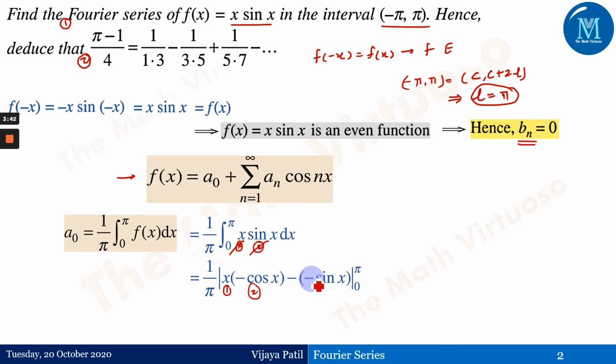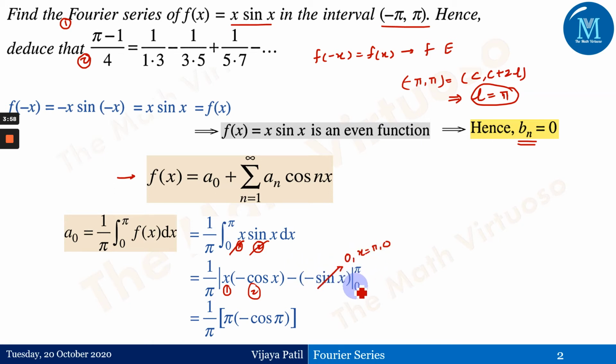Integration is from 0 to pi, and we know that sine of x is going to be 0 for x equals pi and x equals 0. So for both the upper and lower limits, the second term would go to 0.